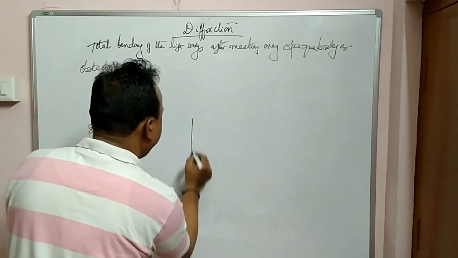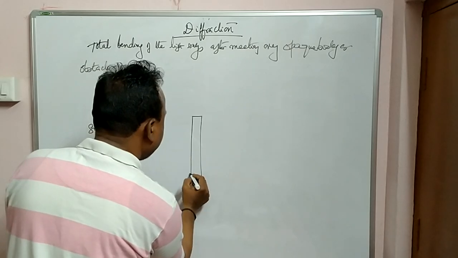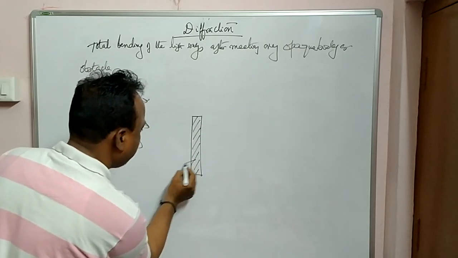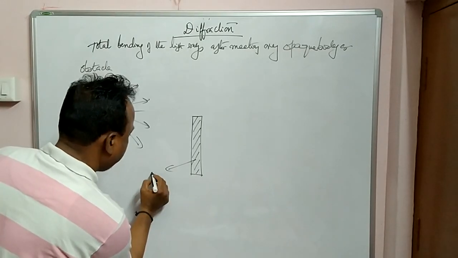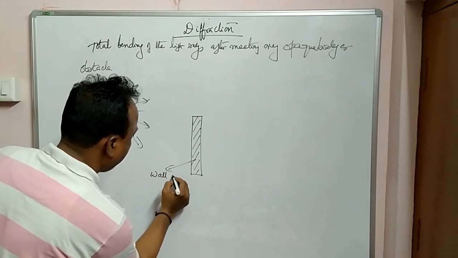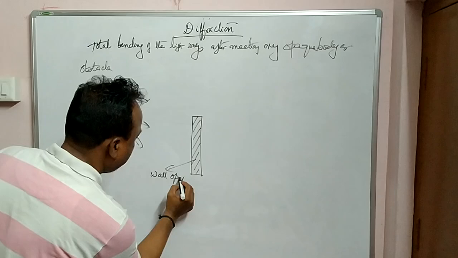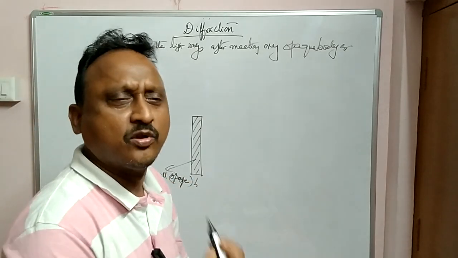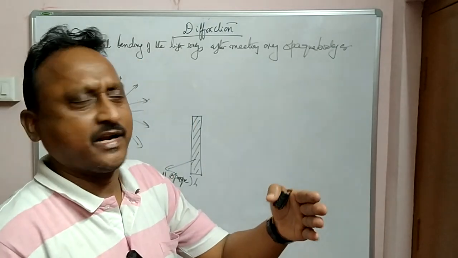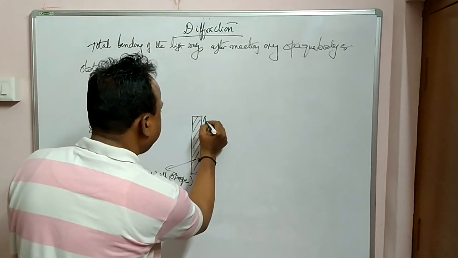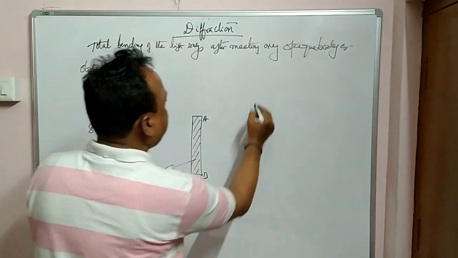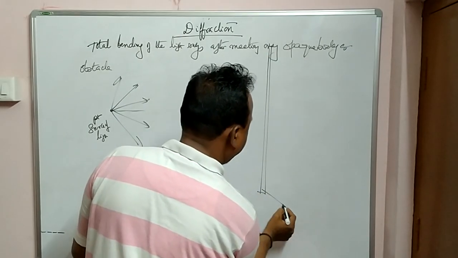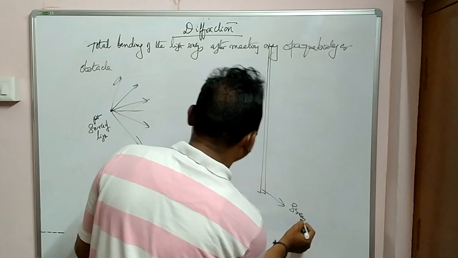Suppose you have kept a small opaque body here, any opaque body where light does not enter inside, like a wall. Opaque means, you know, you must have studied in lower classes. Light cannot enter through it. So this is the opaque body, like say AB, and here I have kept a screen.